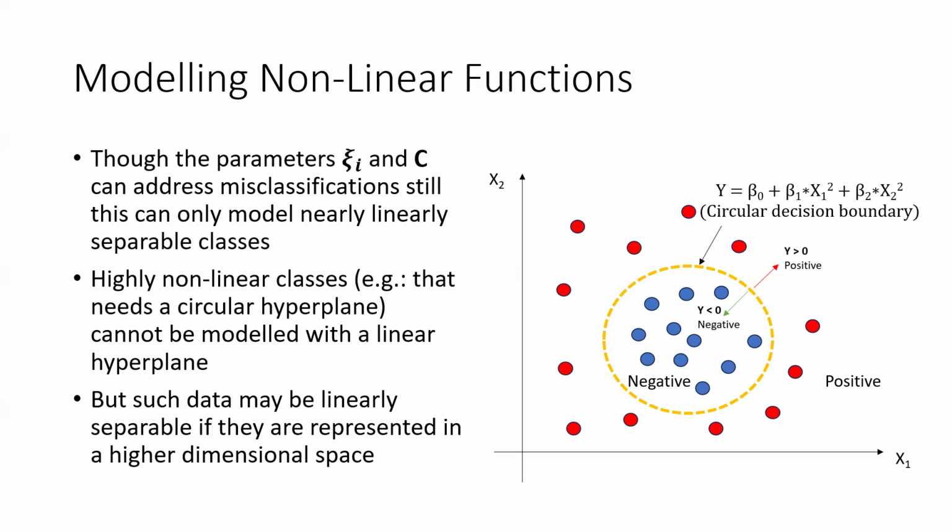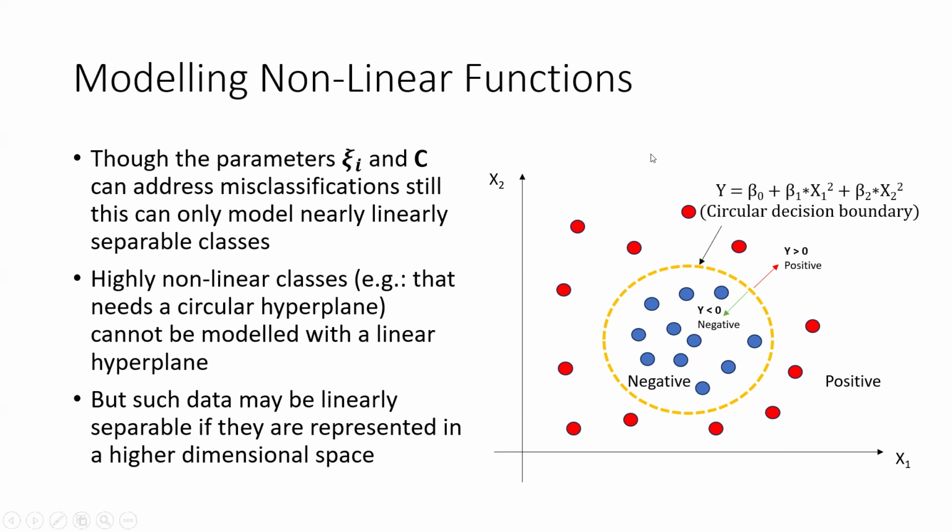But when it comes to some types of data sets like these data points, where all the red color values belong to one class and the blue color values belong to another class, or these are the negative class and these are the positive class, in this kind of scenario it is not linearly separable, right?